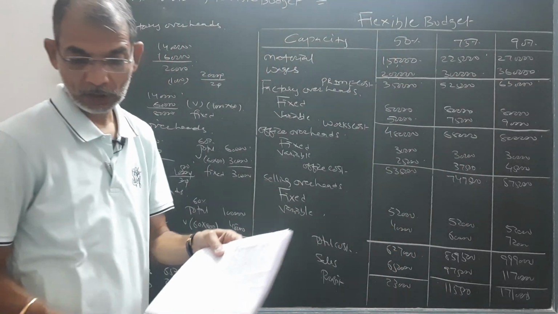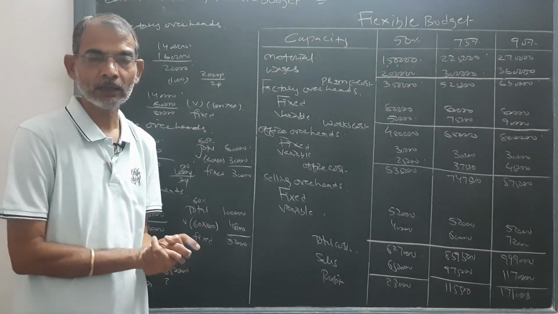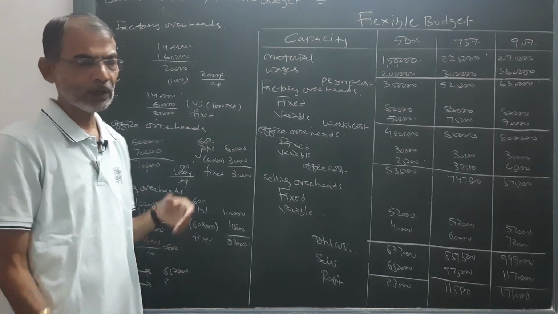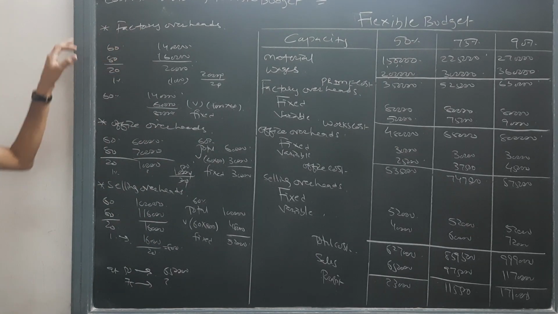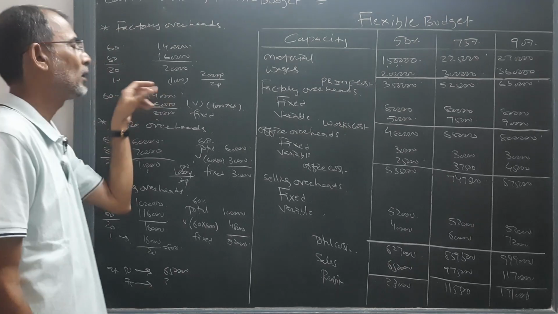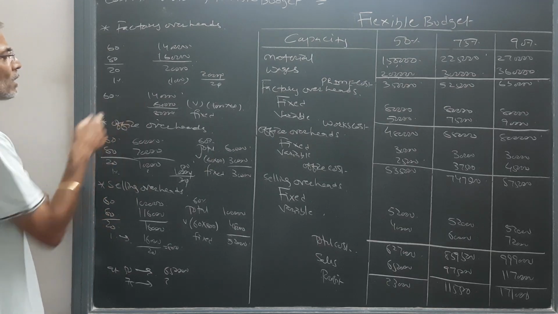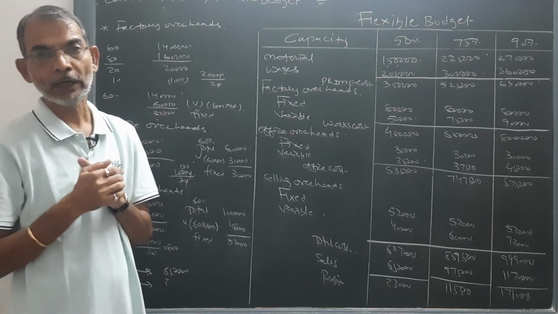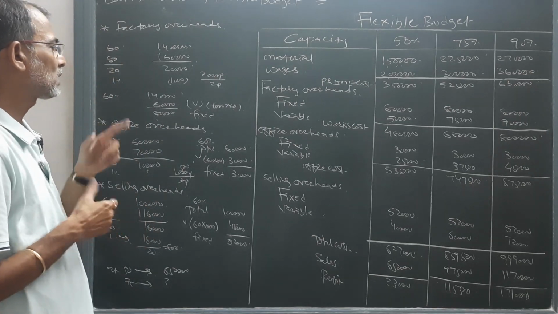Now the secret was in factory overheads, office overheads, and selling and distribution overheads. First you have to find the difference of percentage and difference of amount. So you will get variable expense for one percent. Now total at 60% capacity, expense are 140 thousand.